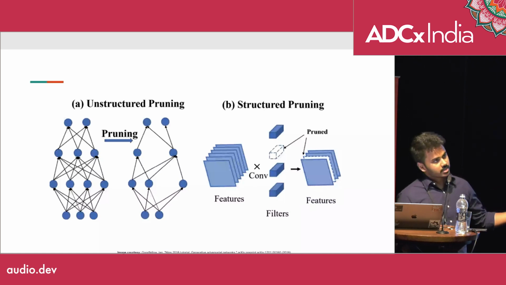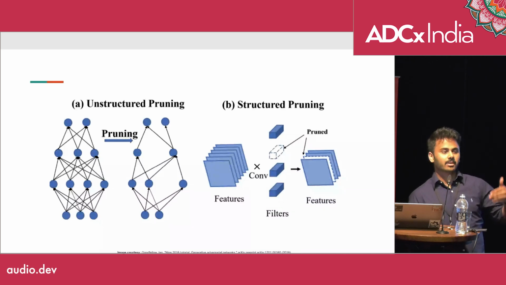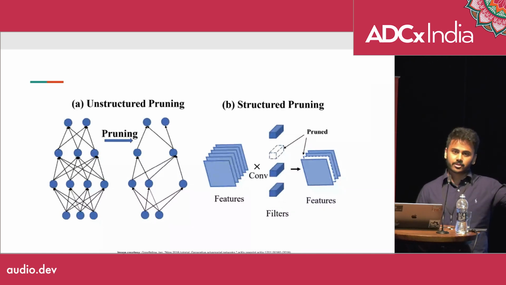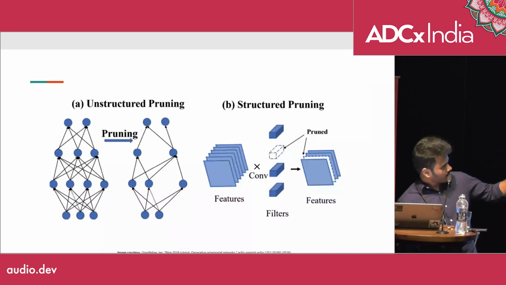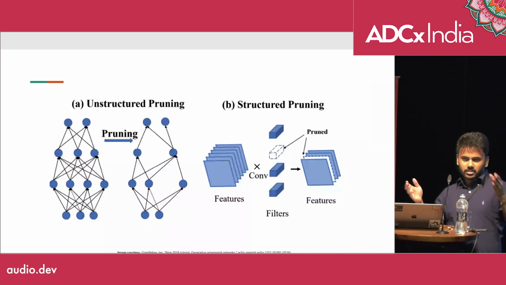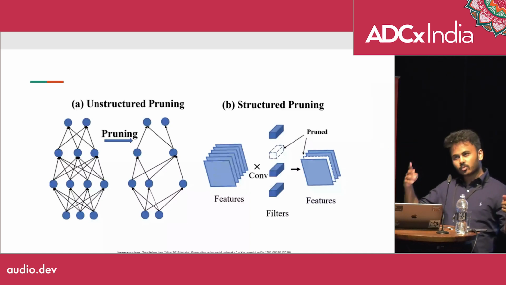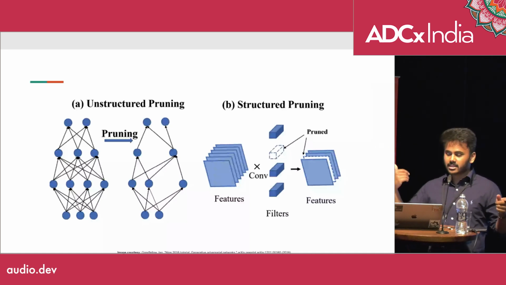And if you have fewer features, in the next layer you need to have 1 kernel less for each filter, okay? It's a bit hard to visualize here, but just know that there's a dependency. When you remove one filter, you also remove multiple kernels in the next layer's filters so that the structure of your model stays consistent.